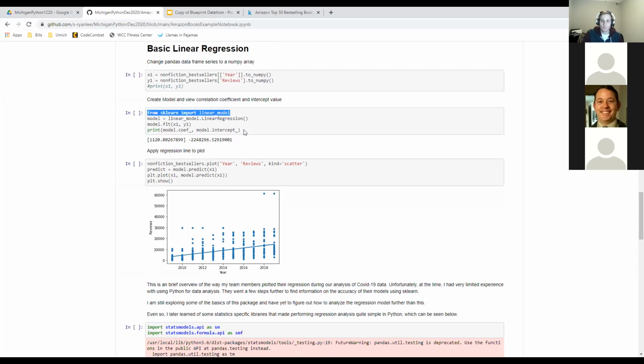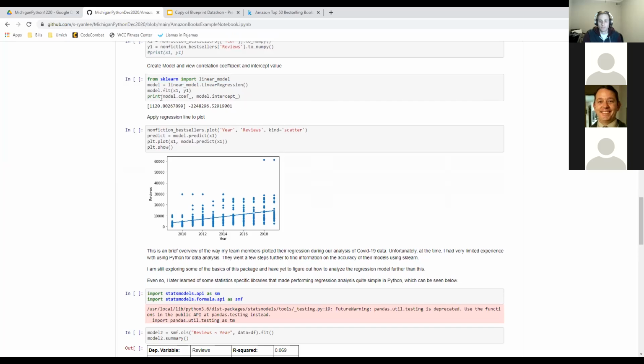But I wanted to touch on this because this is the package that my team used to perform their regression analysis with our COVID data. So it's sklearn, and we imported linear model. You define a model, and then you fit it to your two variables that you defined as the NumPy arrays.